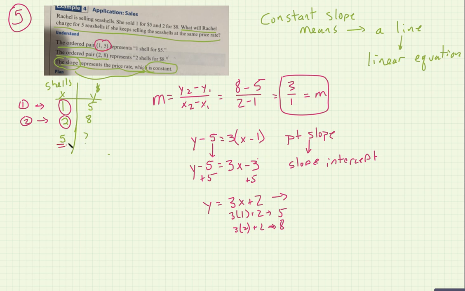Now, to easily find how much I need to charge for 5, I just put a 5 in for x, and then I can get out my y. So I'd say 3 times 5 plus 2 is 17. So my answer, 5 shells should cost $17.